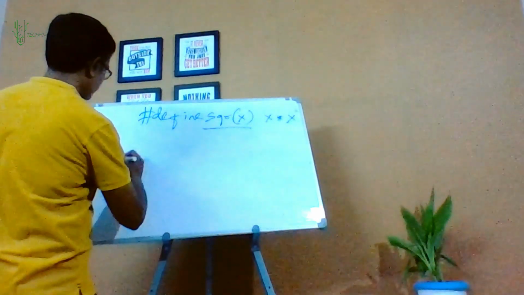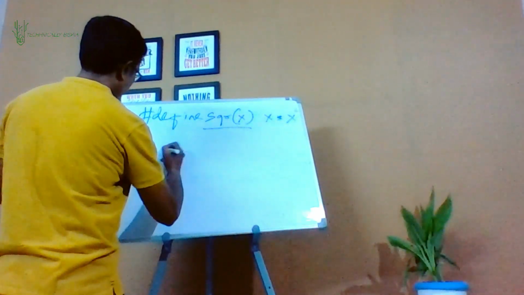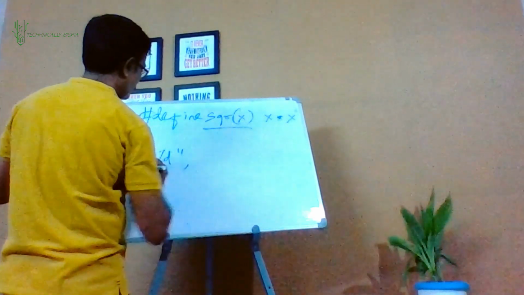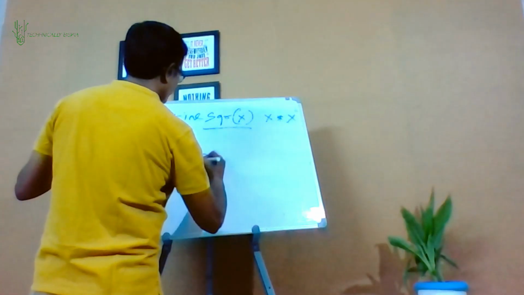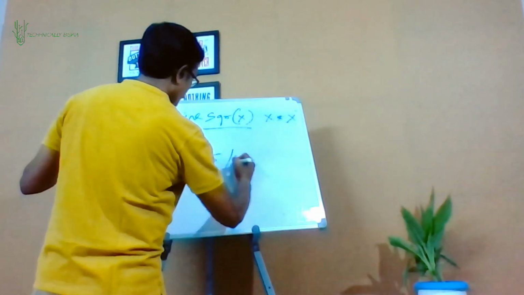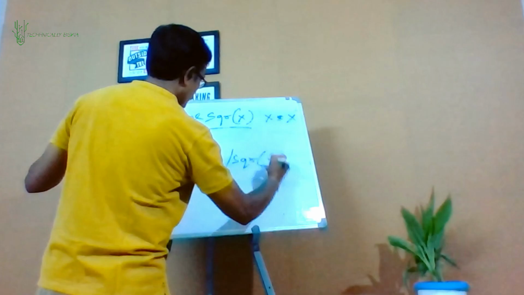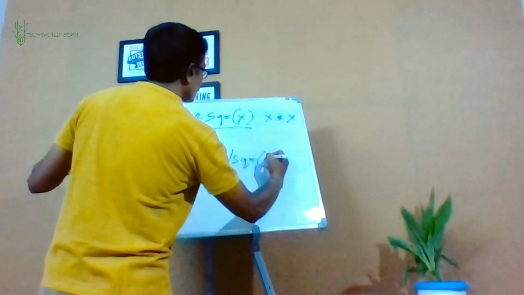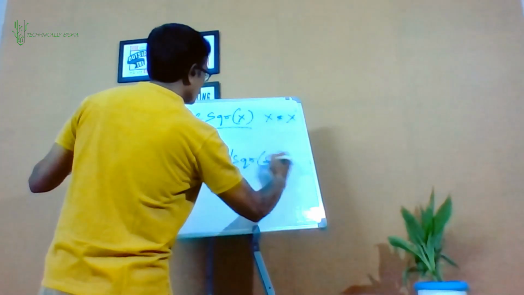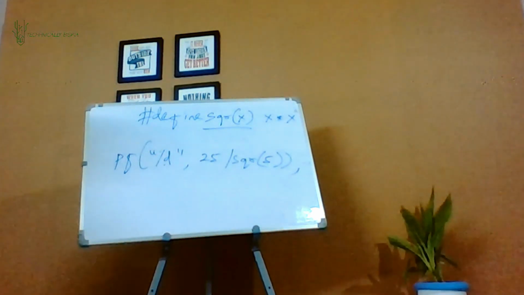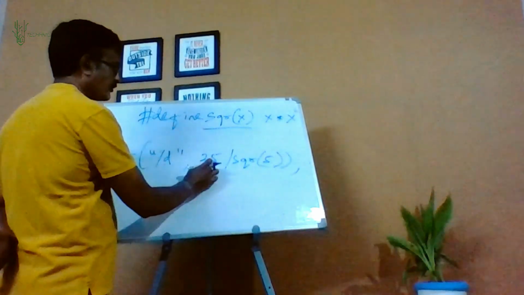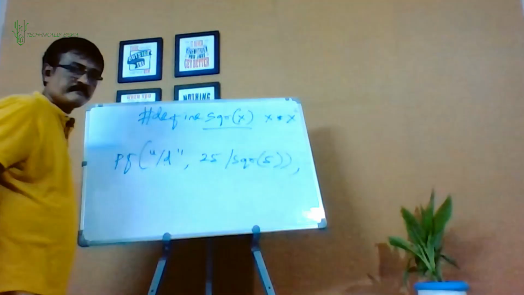Now look at the line carefully. It says printf percentile d, comma 25 divided by square of 5.